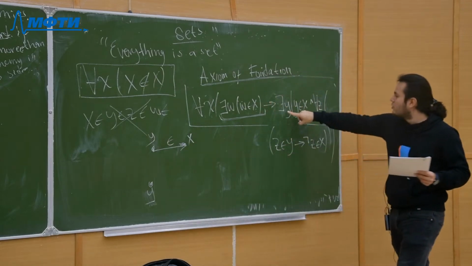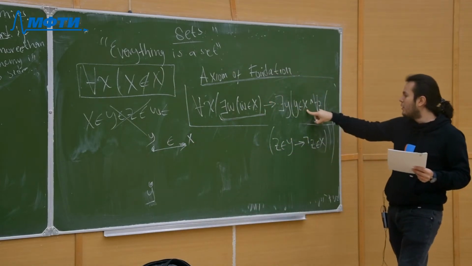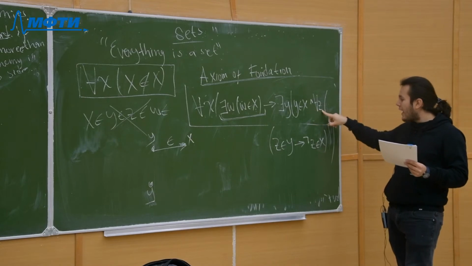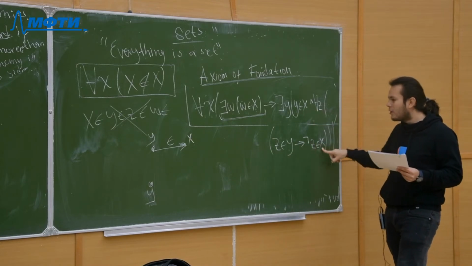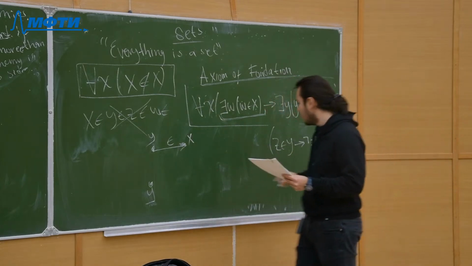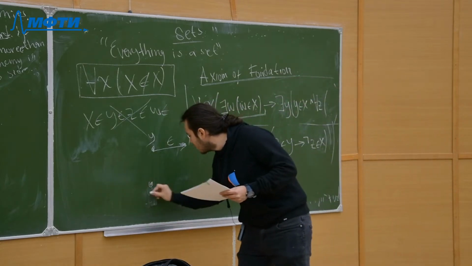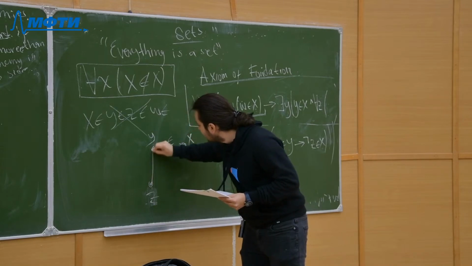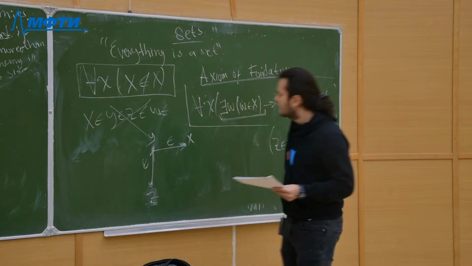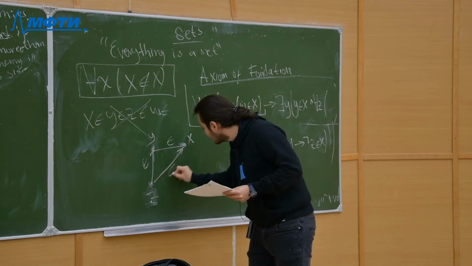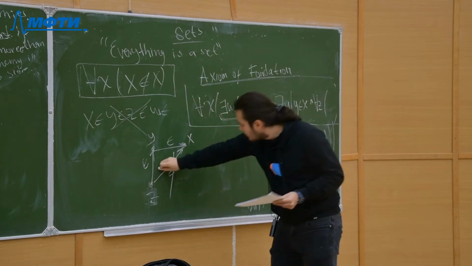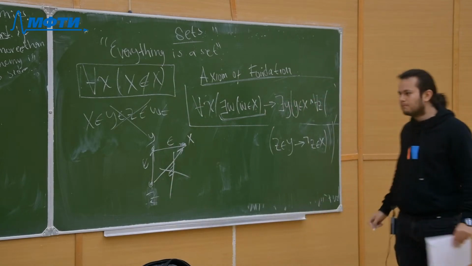So there exists some y such that it's an element of x. And then for any element of y, this cannot be an element of x. So if I have that this is an element of y, right? Then this is not possible. Okay?